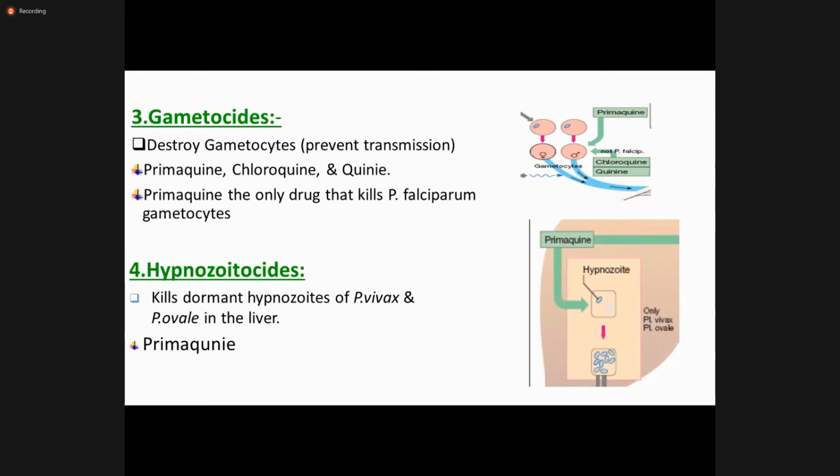So for prevention of spread from one person to another, these drugs are used as gametocides. They are not of very much concern, because they are required only to stop the transmission process. Primaquine and chloroquine can be used so that there is no further spread of the disease. Gametocides are important, but not of very much importance.